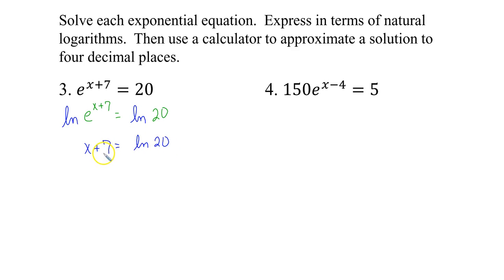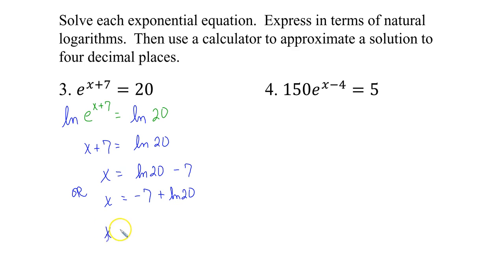I'm going to now subtract 7 from both sides, and so I have x is equal to the natural log of 20, and then minus 7. You could also write this as negative 7 plus the natural log of 20 if you think that's going to get you in trouble. Do not subtract 7 from 20. That's the big thing there. Either one of these answers is okay.